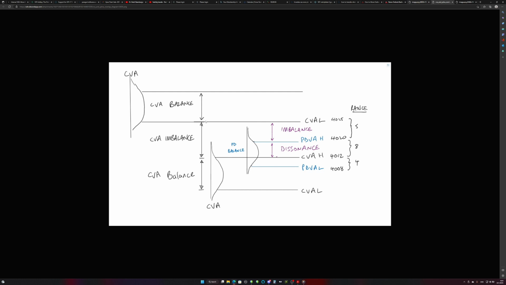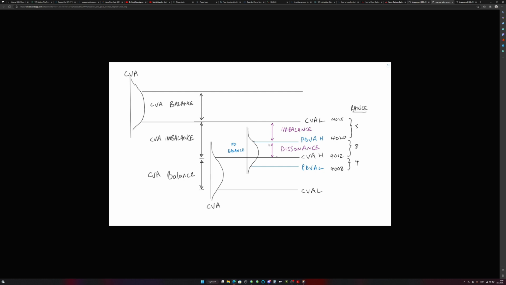Well, it's more, let's say, price is at the top CVA, and it's really just price moves from one CVA into the area of dissonance. Yes. And then there's an area of imbalance. Let's say, for example, we're in that area of dissonance. Yes. And we go above. Well, we're in imbalance. That's easy enough.